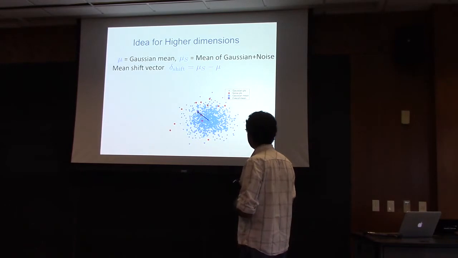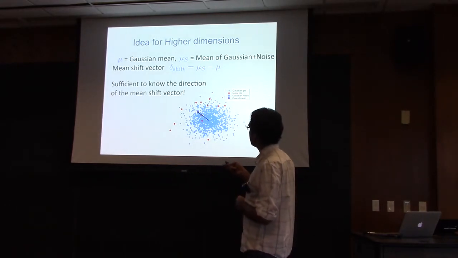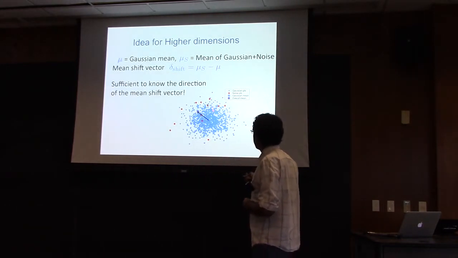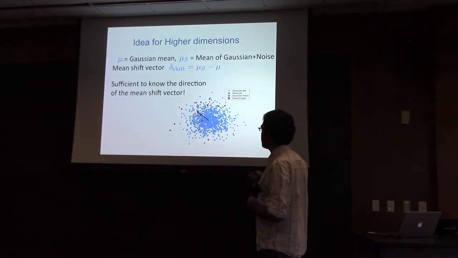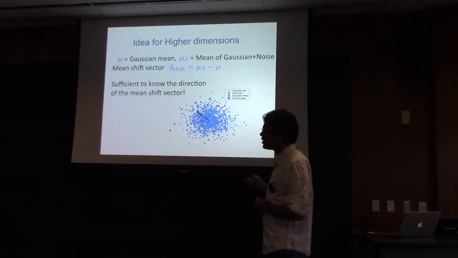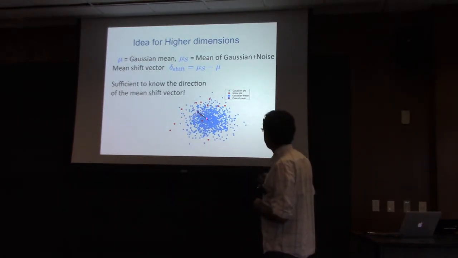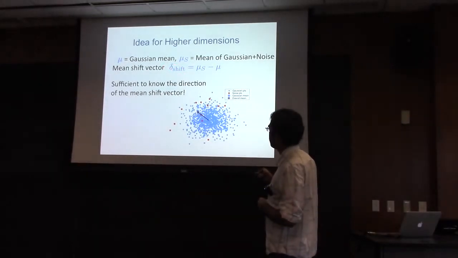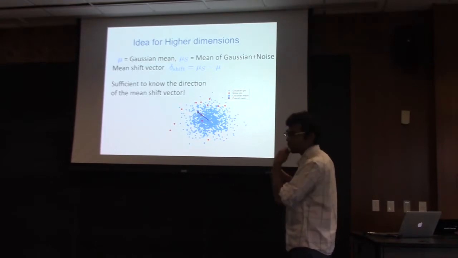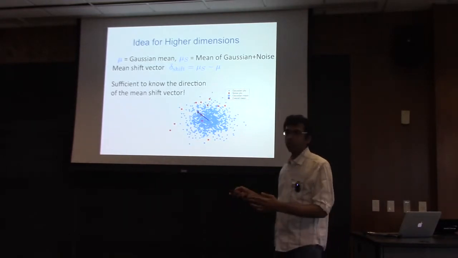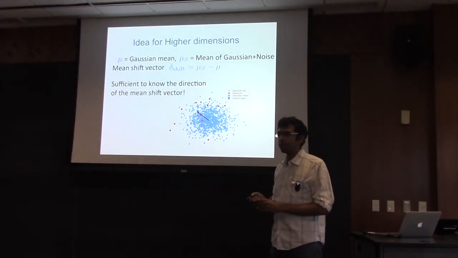And suppose, in addition, someone told us the direction of this shift. This is the Gaussian mean. This is the mean of Gaussian points and the noisy points. I call this the mean shift vector. Delta shift is the mean shift vector. Suppose we knew the direction of this. Then this problem is easy.